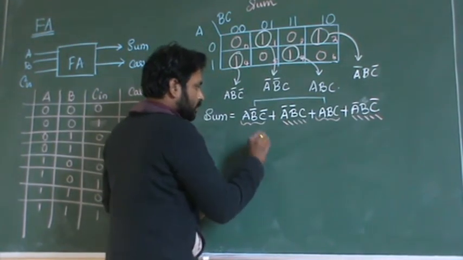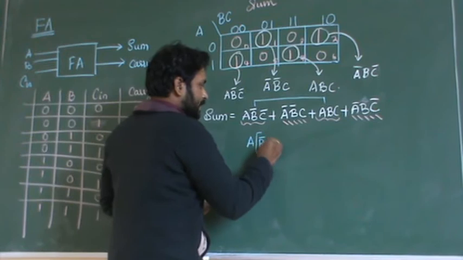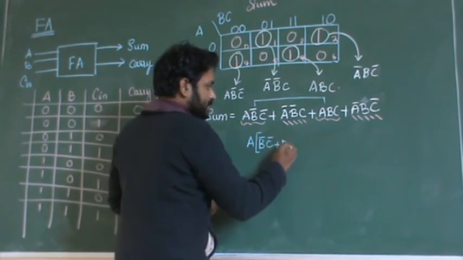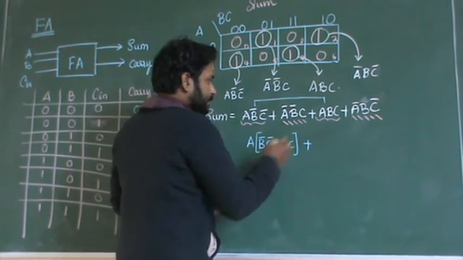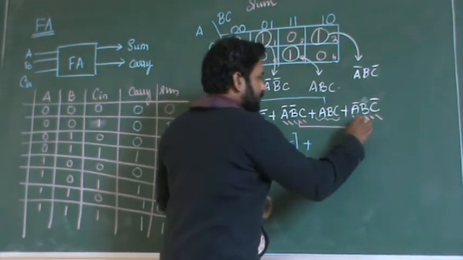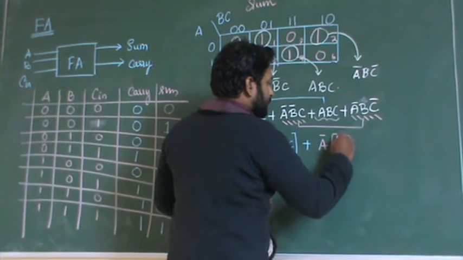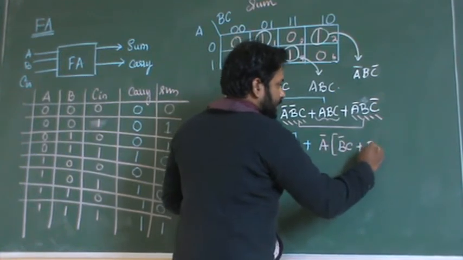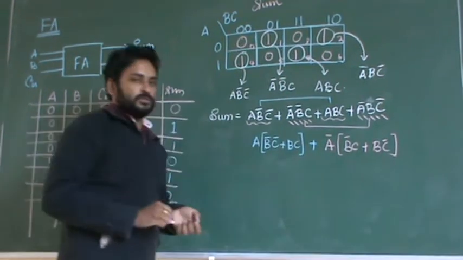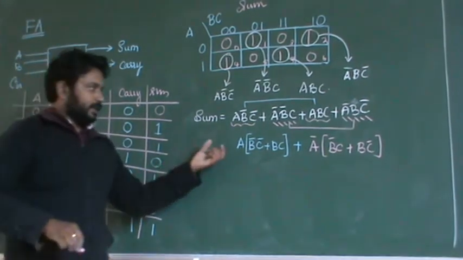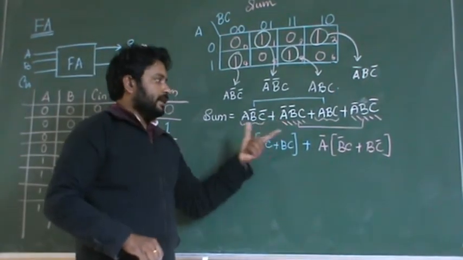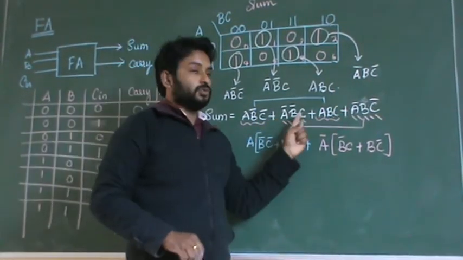If I take A common, it will be B bar into C bar plus B C. If I take A bar common from the other two terms, we get A bar into B bar C plus B C bar.